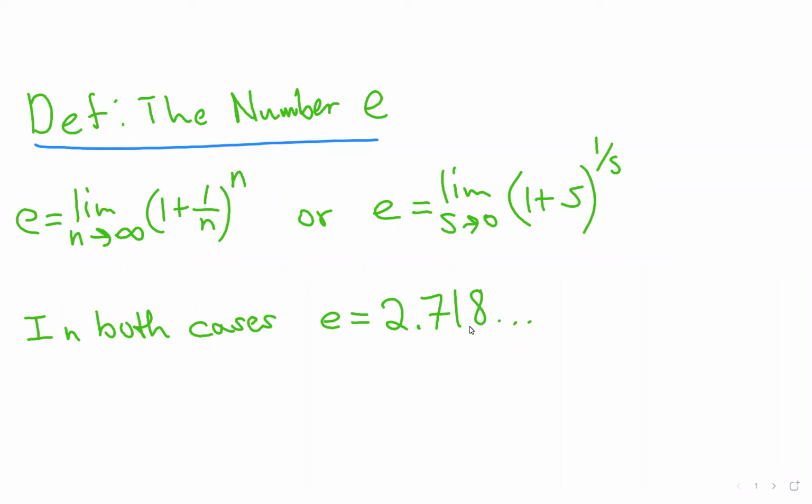You can also define it by taking the limit as s goes to 0 of 1 plus s to the 1 over s power, or if you'd like to call it the s root. And that's another way that you can get to this particular value of e. Either of them will work, either with the n or the s, but they both come out to the same value.